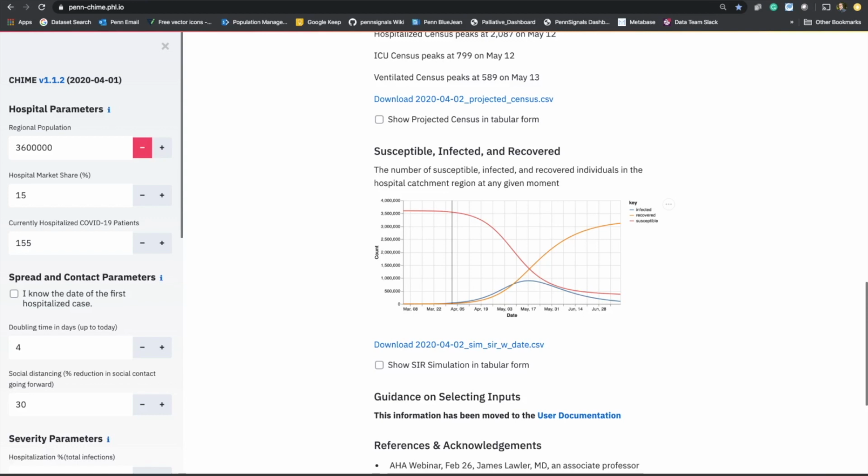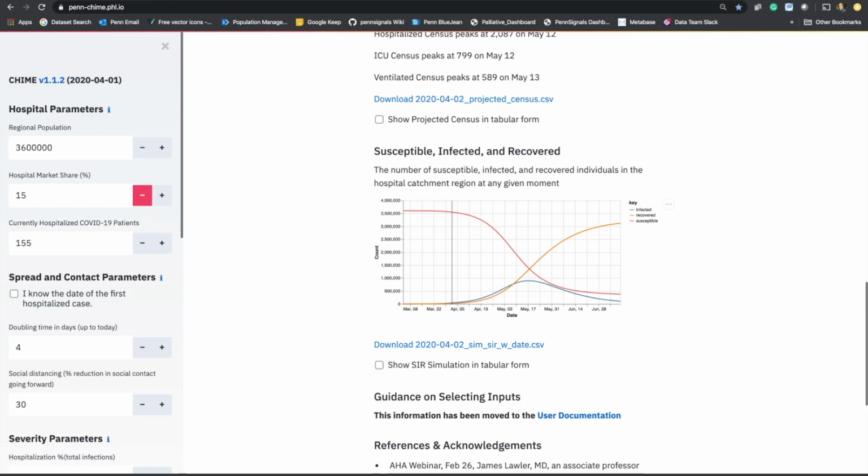One way that you can then scale this scenario down to what you think will impact your health system is to use this market share percent. One way to get a decent estimate on that market share is to take a look at the total number of hospital beds in that region that you're looking at, or in our case, 4 counties.